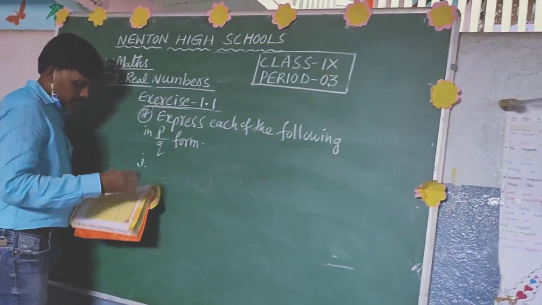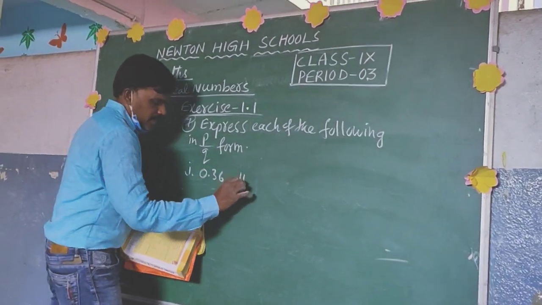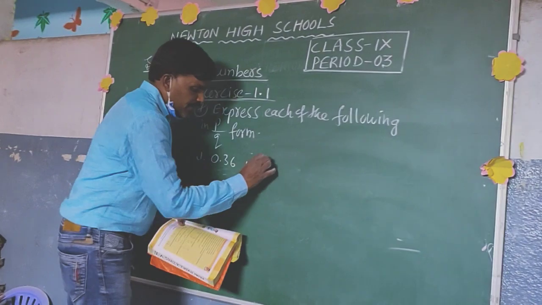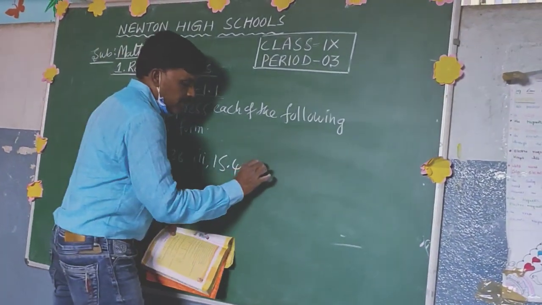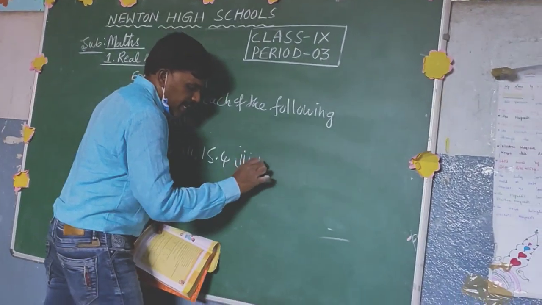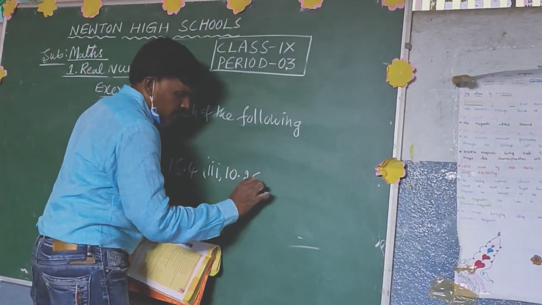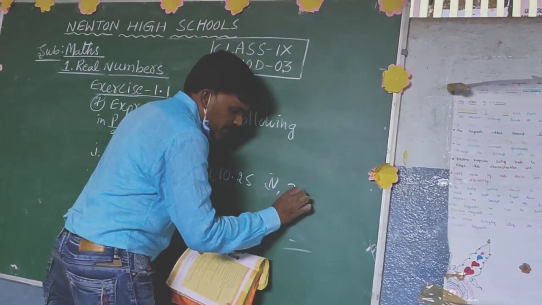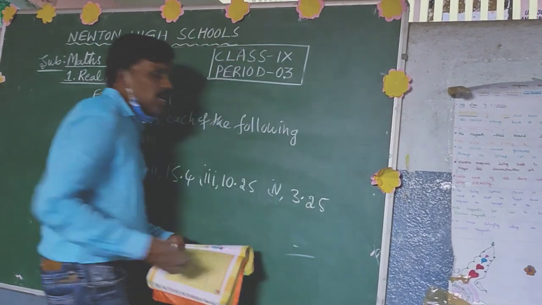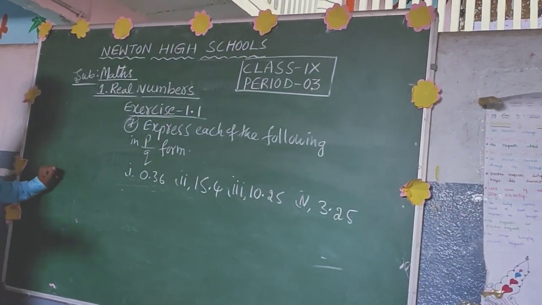Okay, first one is 0.36, second one is 15.4, third one is 10.25, and the last one is 3.25. Okay, all these are decimal forms. We have to convert them to the form of P by Q.